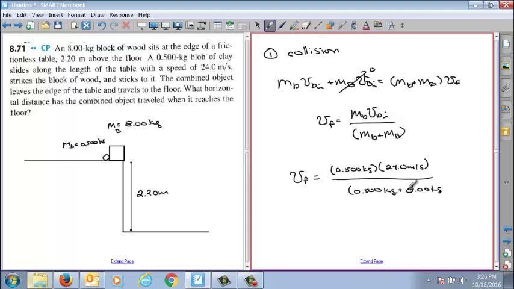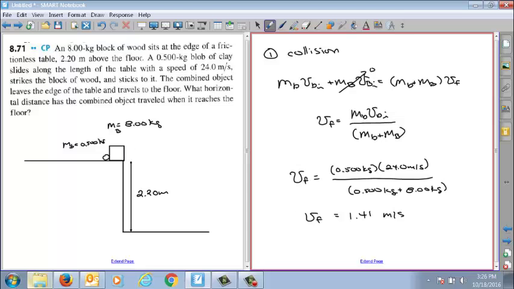So we got the 0.5 kilogram blob and the 8 kilogram block. We have 0.5 times 24 divided by 0.5 plus 8, and that comes out to be 1.41 meters per second.